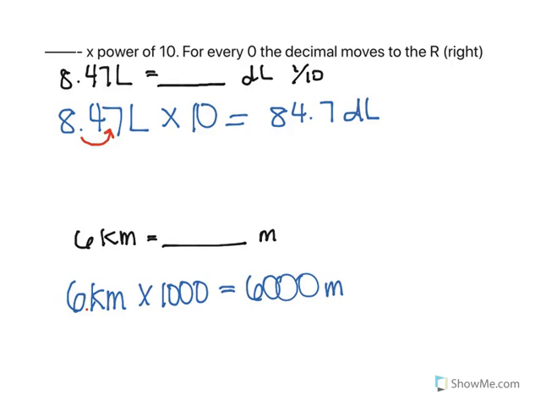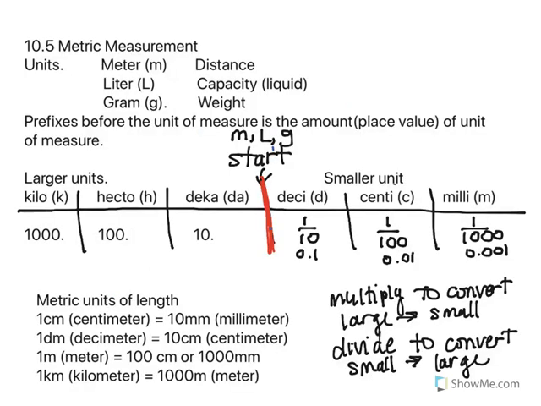And if I go back and look at my regular chart, to get from a kilometer to a regular meter, that's 1 place over, 2 places over, 3 places over. So that's how we're getting the 3 places. That's how I know it's the third power of 10, or 1,000.